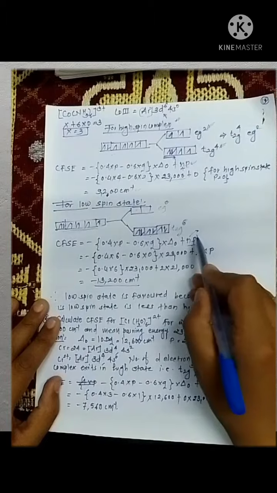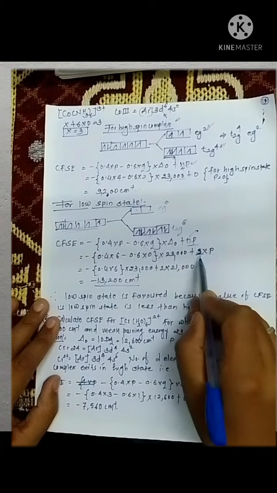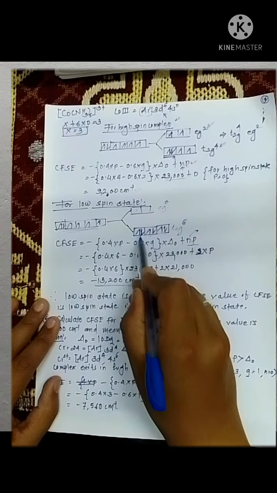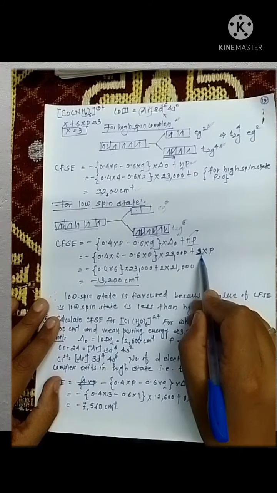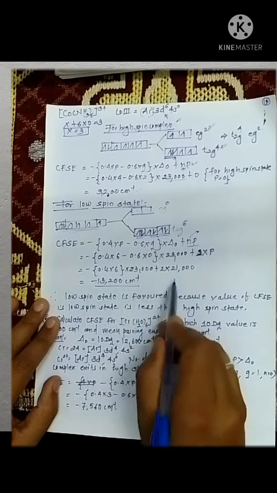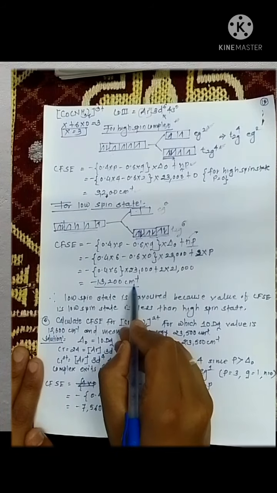So due to the ligand effect, 2 electrons are additionally paired. That's why here it is 2, don't make a mistake by writing 3 here. This pairing does not occur due to the ligand effect; this 2 occurs due to the ligand effect. So the N value is 2, multiplied by P. When we solve this, we come up with the value minus 13,200 centimeter inverse.